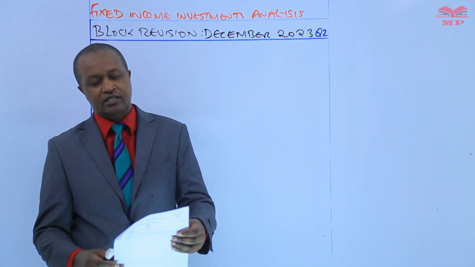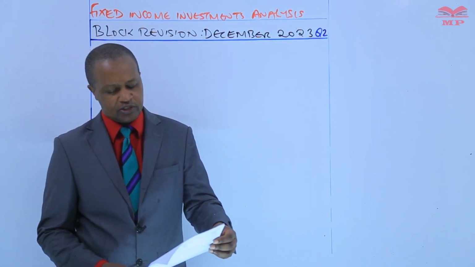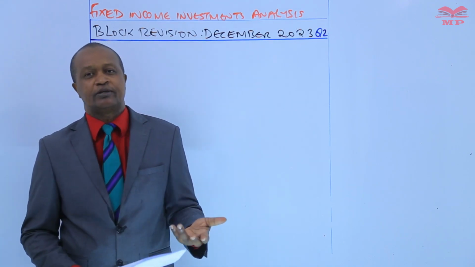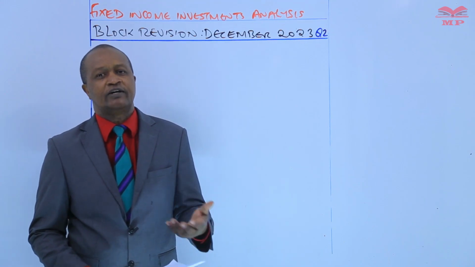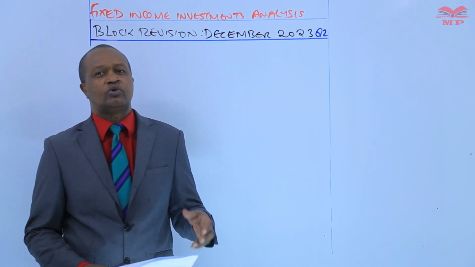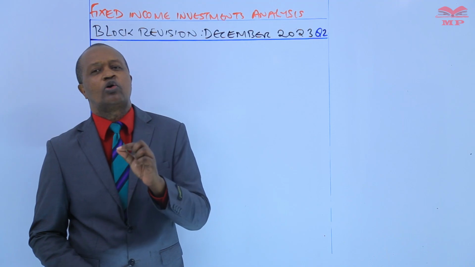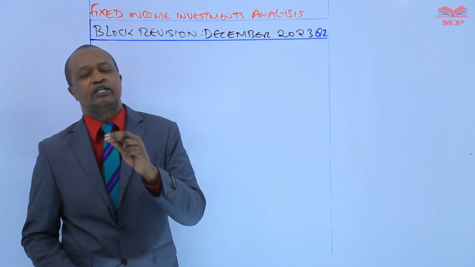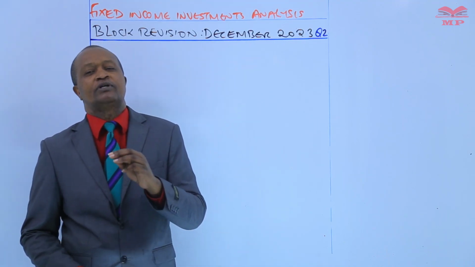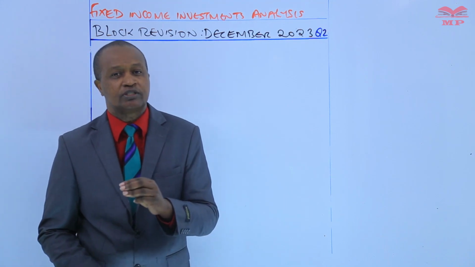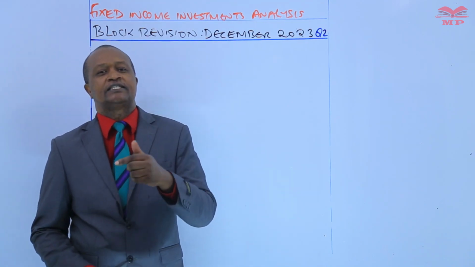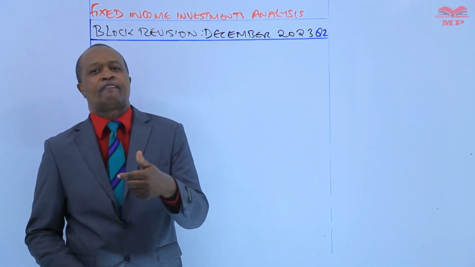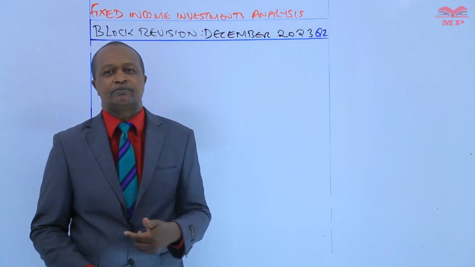Candidates were required to explain two types. Now, there are very many types, candidates. One type is called the callable bonds. Number 2 is the puttable bonds. Number 3, we have the convertible bonds and the extendable bonds, amongst many other types.